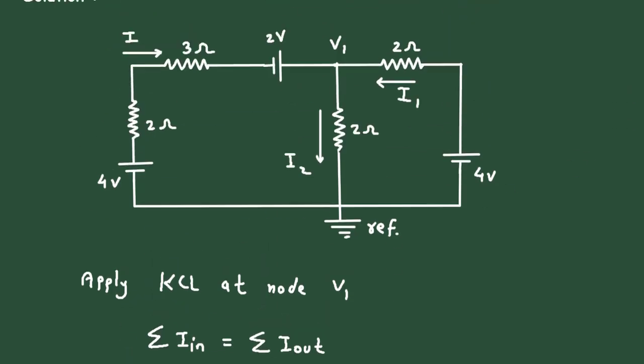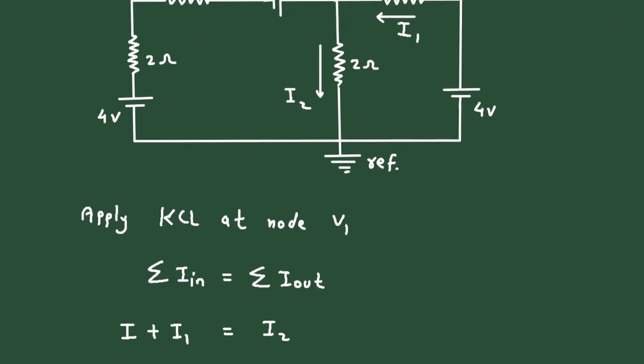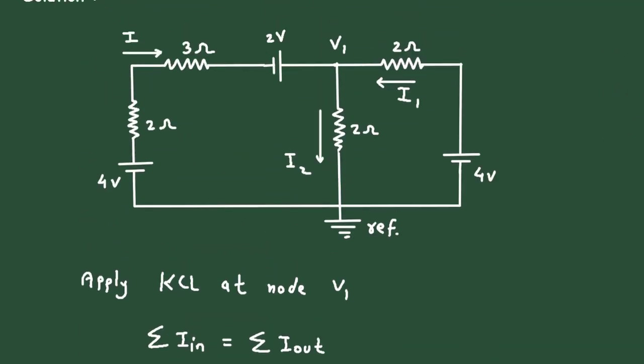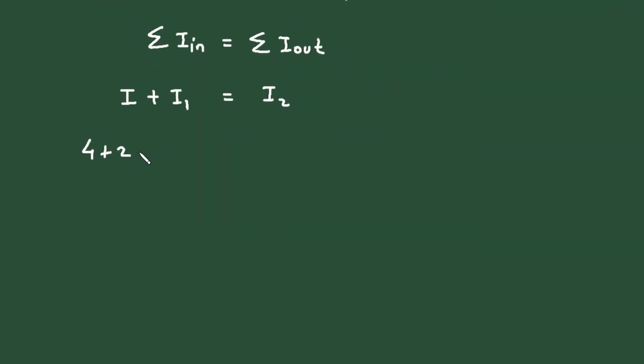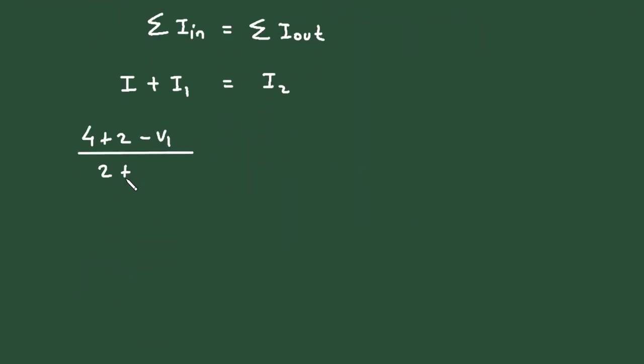Now we will write this in voltage form. So I will be, here we can see this is negative and this is positive, so they will get added, that is 4 plus 2. So first we write 4 plus 2 and then minus this voltage V1, so minus V1 divided by the resistance 2 plus 3.